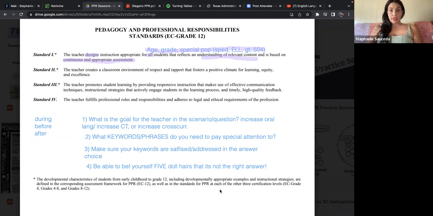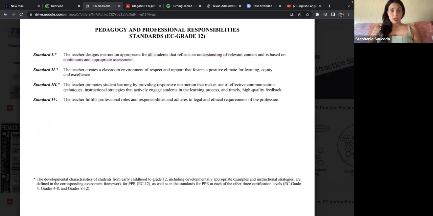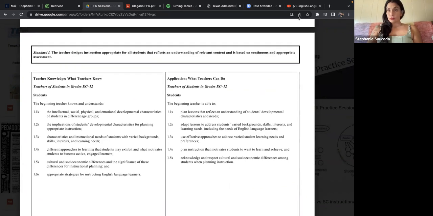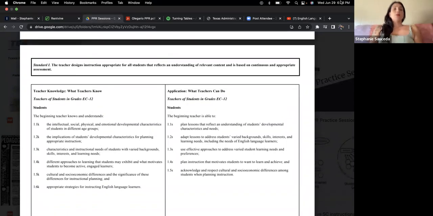Okay, so let's take a look at it in large. Okay, so here you have the full version. And again, your job with standard one, and standard one is the highest tested, right? It has the most percentage that is tested.